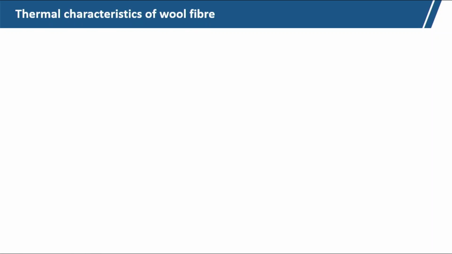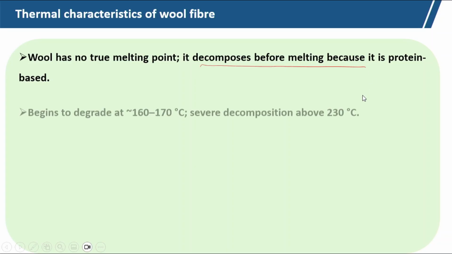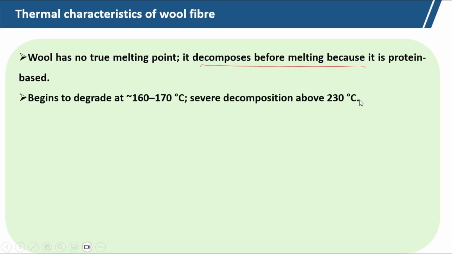Now, the thermal characteristics of wool. Like cotton, it has got no true melting point, but it decomposes before melting because of its protein base. It begins degradation around 160 to 270 degrees Celsius and decomposes severely at 230 degrees Celsius.